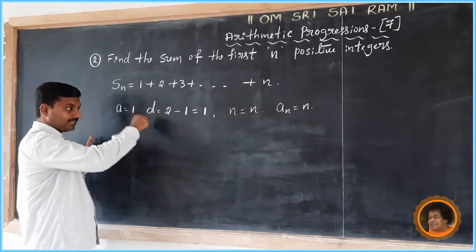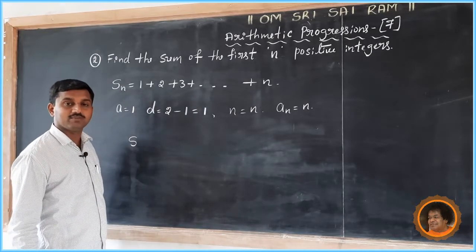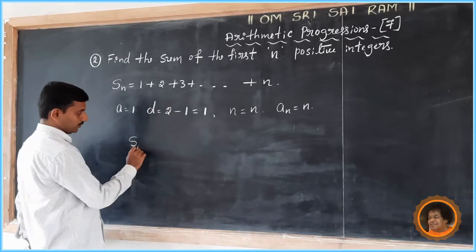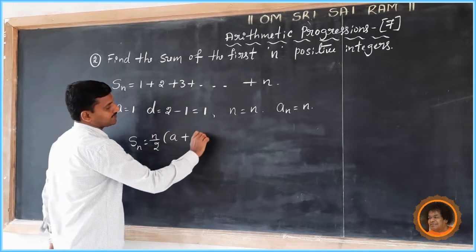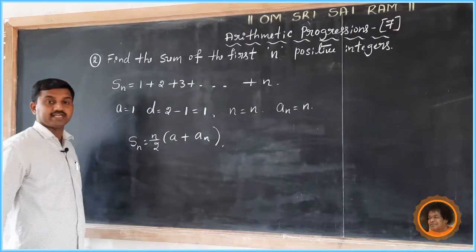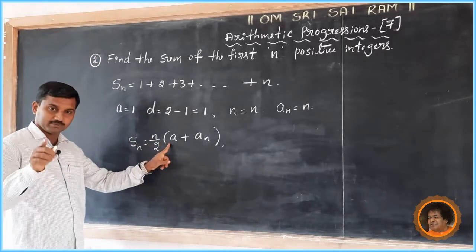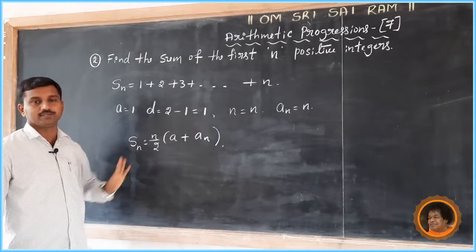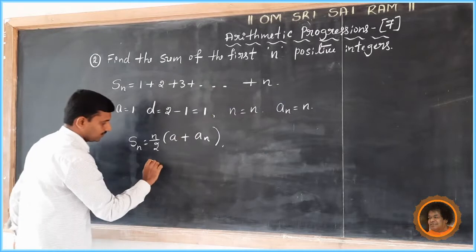If the first term and the last term are given, what is the sum of n terms of an arithmetic progression? What is the formula? Sn equal to n by 2 into a plus an. This is the formula to find the sum of n terms of an arithmetic progression if the first term and the last term are given. Now substitute the values. The number of terms is n.